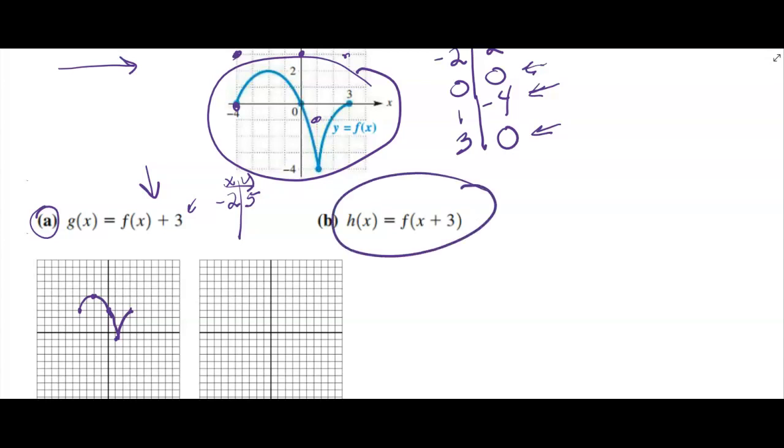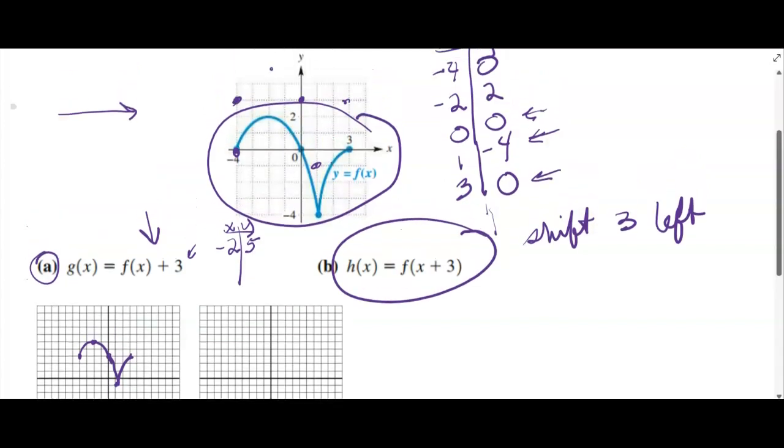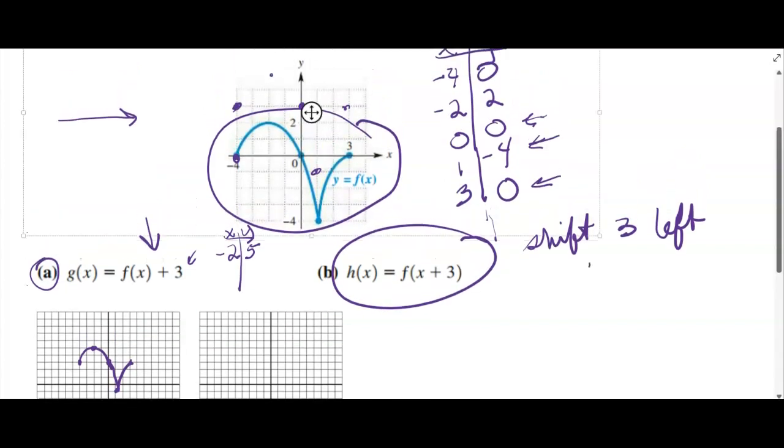It says shift everything 3 left. It's going to change the x values. You're going to subtract 3 off all those x values, okay? So your x values, you used to have negative 4. Now you're going to have negative 7, and then it's going to be 0.